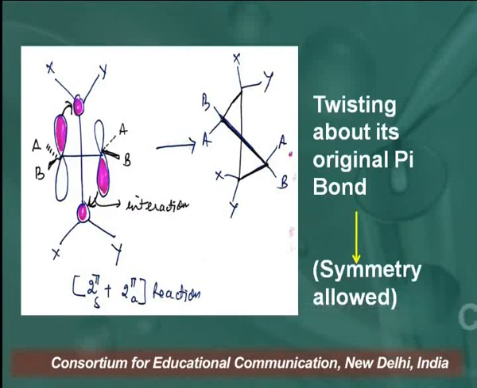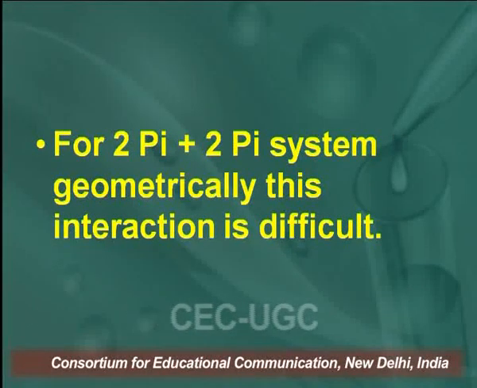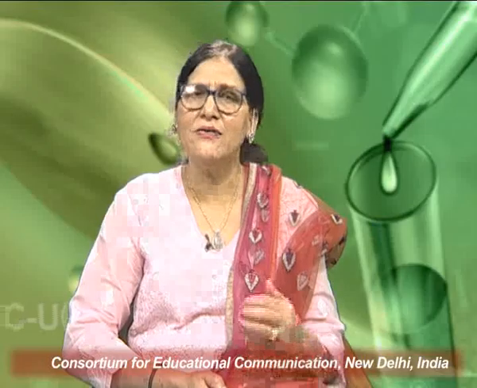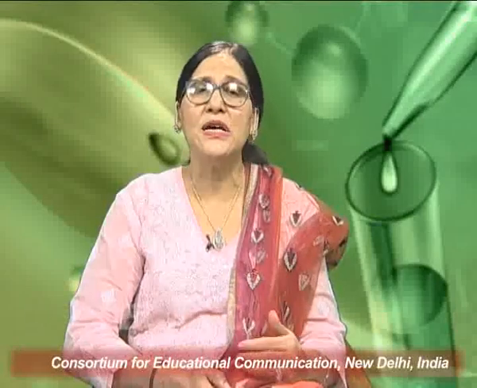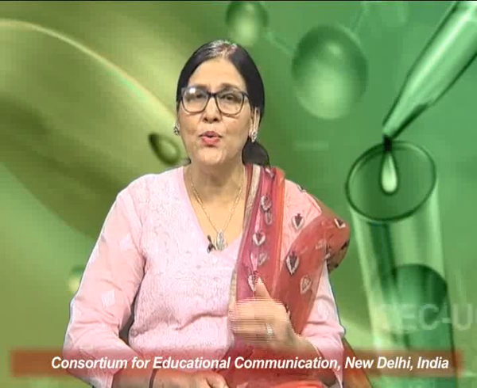So, when there are bigger molecules or a bigger pi electron system involved in the reaction, it is called a symmetry allowed interaction. For a 2 pi plus 2 pi system, the geometric interaction is very difficult. It is very rare. Antarafacial attack is very rare in thermal condition in 2 pi plus 2 pi cycloaddition reactions.